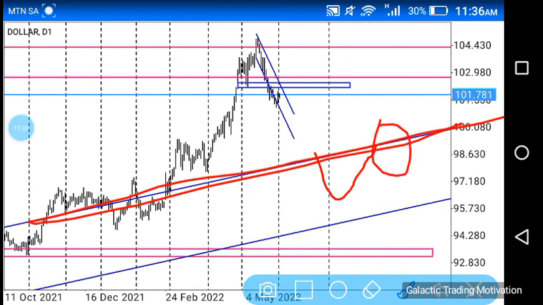And this is where we would look for further selling opportunities, and our take profit would be this area over here, which is the neckline of that huge W structure that we spoke about earlier.